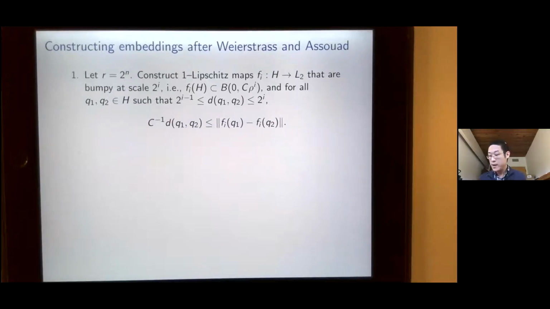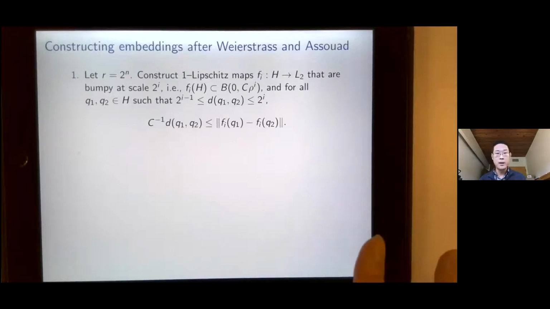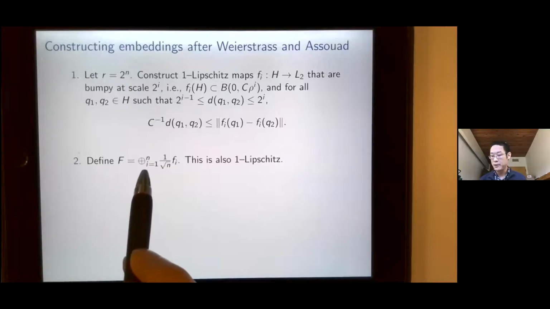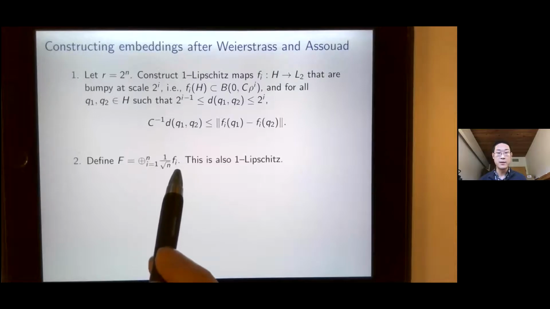So these are not too hard to construct. In fact, because of the scaling of the Heisenberg group, it's enough to construct one of these maps and then take scalings of it to get all the different f sub i's. And then we construct one big map F by adding a bunch of copies of these together. We define capital F as the sum from i equals 1 to n of 1 over root n times f sub i.